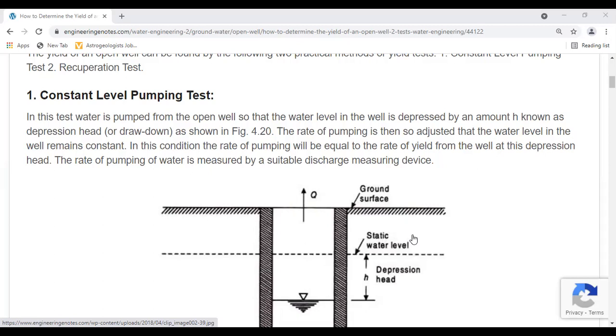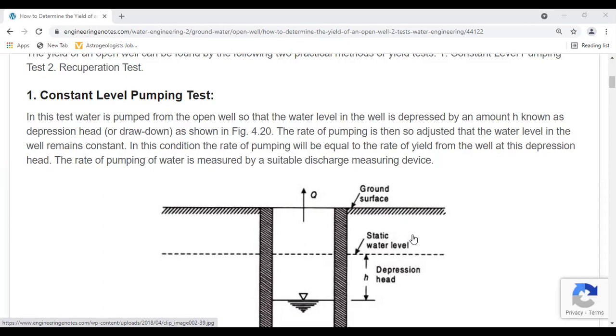They derive water from the formations close to the ground surface. Thus, open wells are always shallow, with depths not exceeding 10 to 20 meters. The large size of the open wells always allows the storage of large quantities of water in the well.